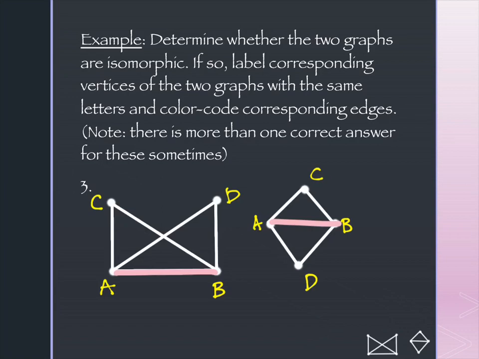And then I'm going to pick a different color. So we'll go with yellow. I'm going to color AC yellow. It's kind of a pale yellow. And AC, that's pale yellow over here. If you're colorblind, you probably can't see my yellow. Sorry about that. We'll do a little bit darker one.